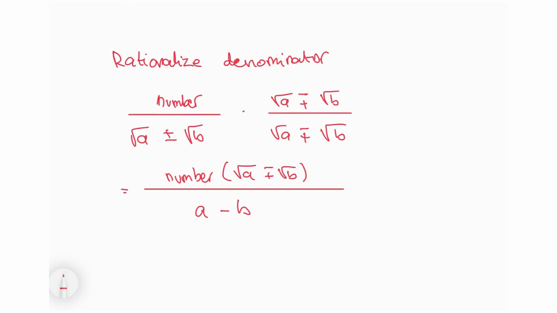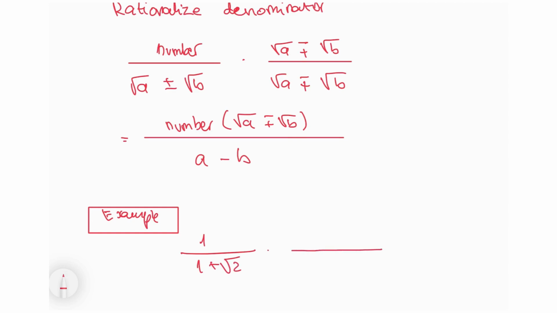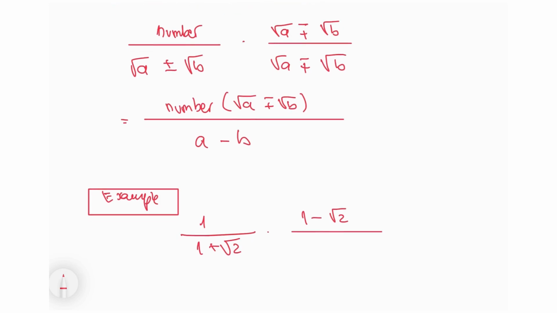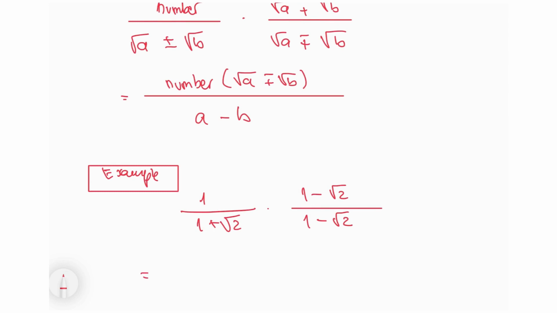So let us see an example here. For example, we want to rationalize the denominator in the expression. So here we have plus, so we multiply by 1 minus square root 2, and here also 1 minus square root 2. And now that will be 1 times 1 minus square root 2.